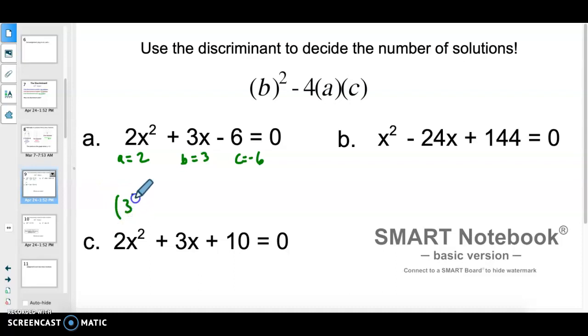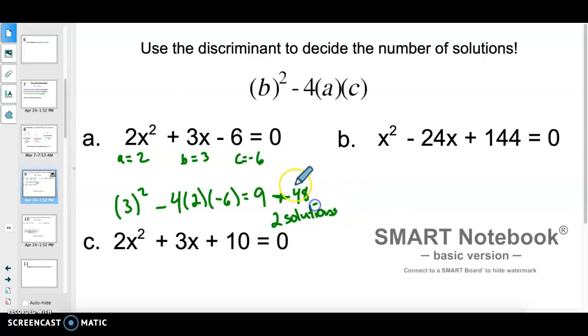So we've got 3 squared minus 4 times A, which is 2, times C, which is -6. We kept that minus sign with the 6. So that's 9 minus 4 times 2 times -6, which is -48. So minus -48 turns into a plus. Right away, 9 plus 48 is a positive number, so we know this one's going to be 2 solutions.